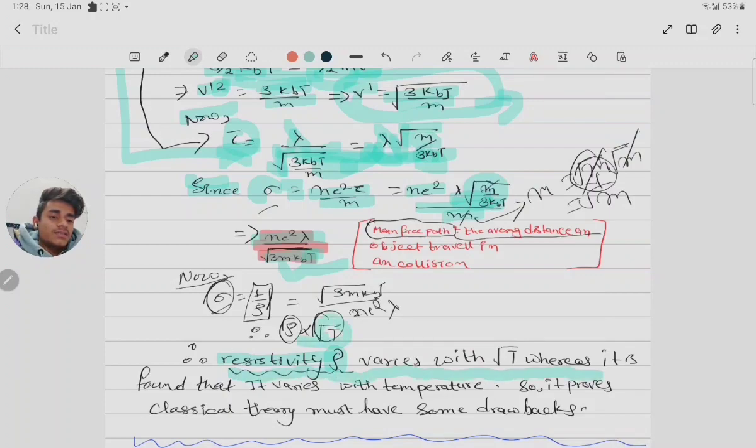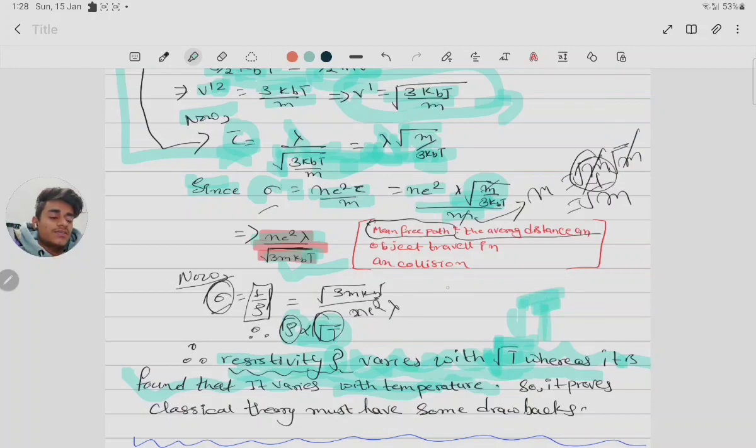Here the relation is totally found to be wrong, so the classical theory has some limitation. It is found that resistivity varies with root over T, but this is not true.